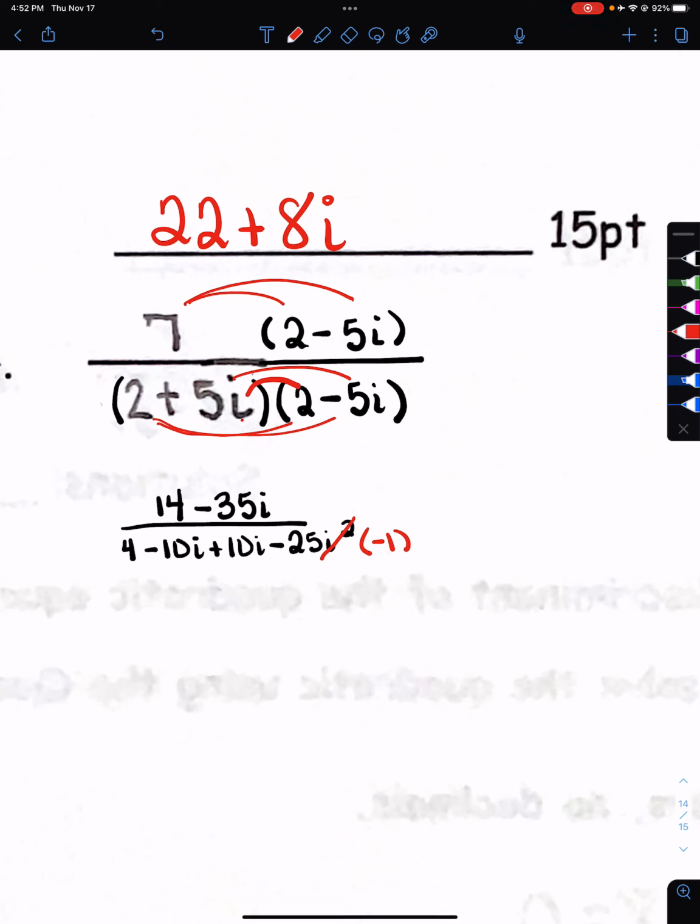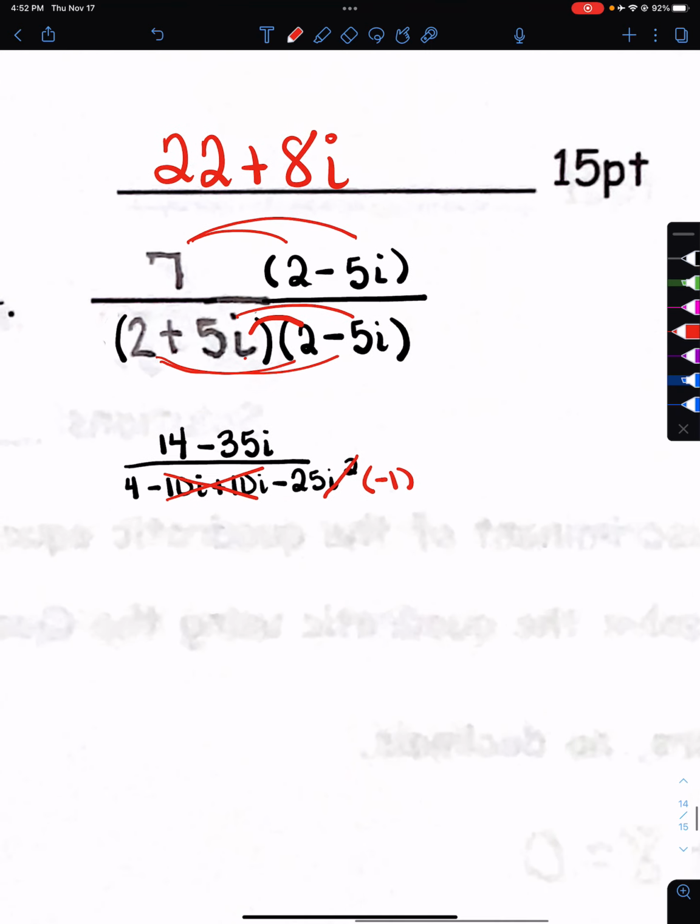Also, by looking at this, I can see that negative 10i and positive 10i, they cancel out because it's a conjugate. Okay? So when I rewrite this, I have 14 minus 35i divided by 4.